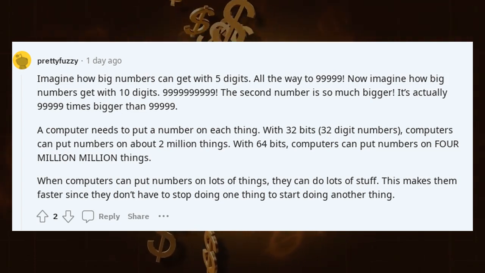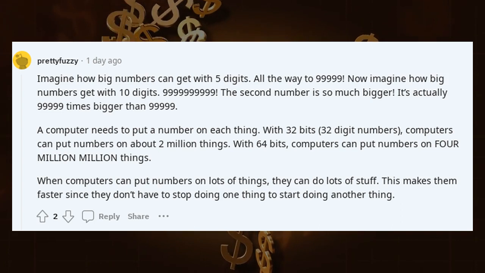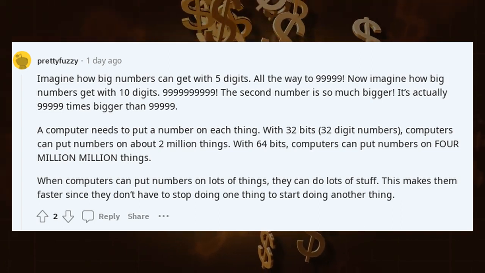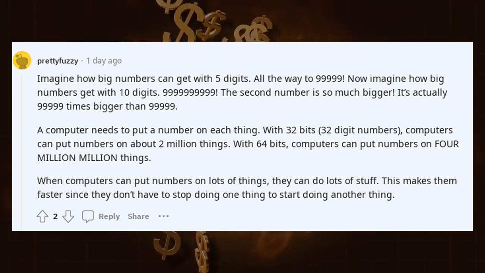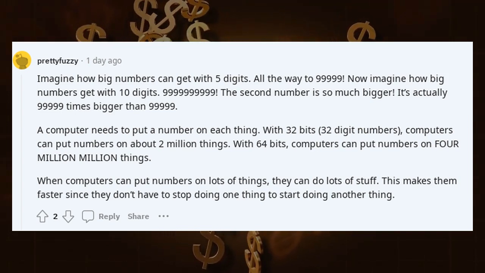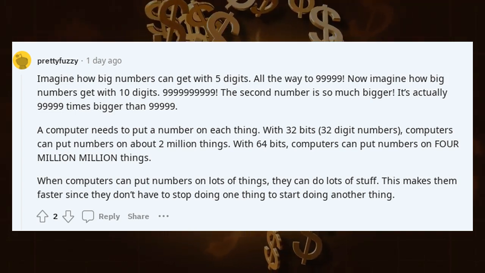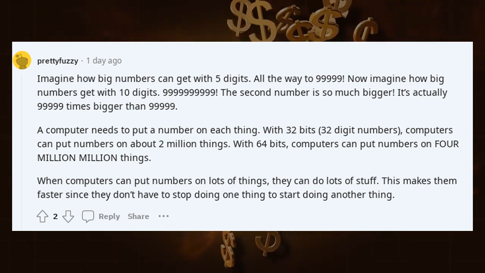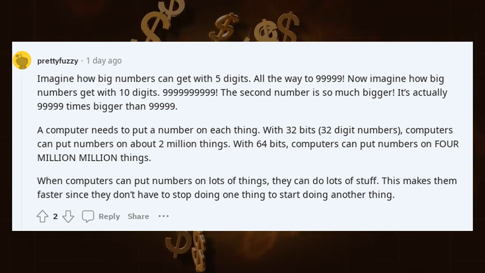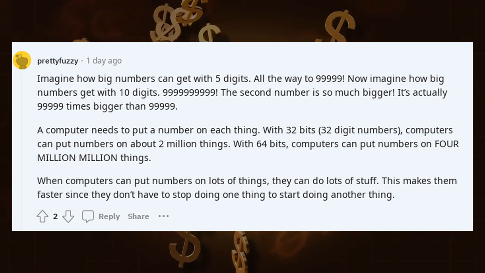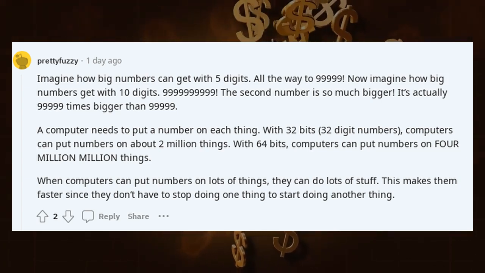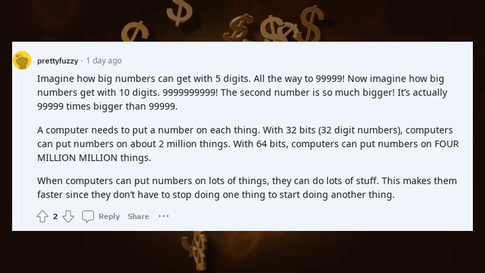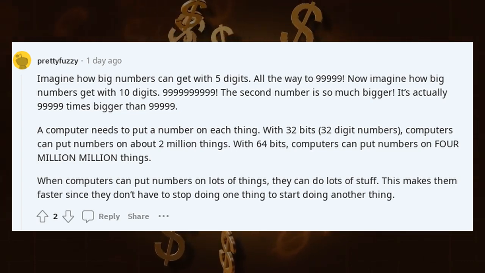A computer needs to put a number on each thing. With 32 bits, 32-digit numbers, computers can put numbers on about 4 billion things. With 64 bits, computers can put numbers on far more things. When computers can put numbers on lots of things, they can do lots of stuff. This makes them faster since they don't have to stop doing one thing to start doing another thing.